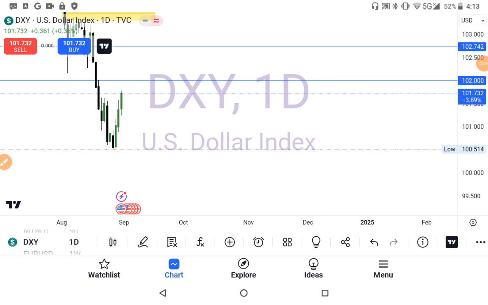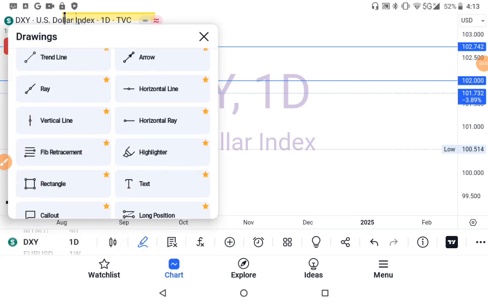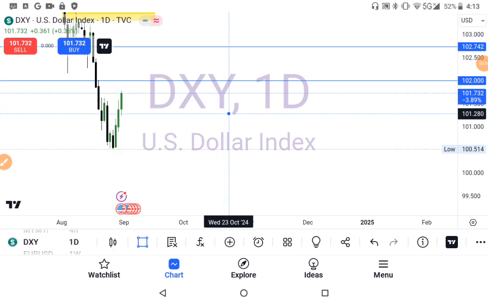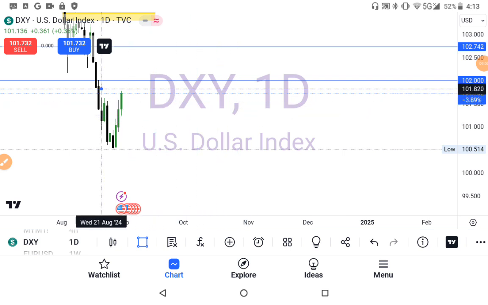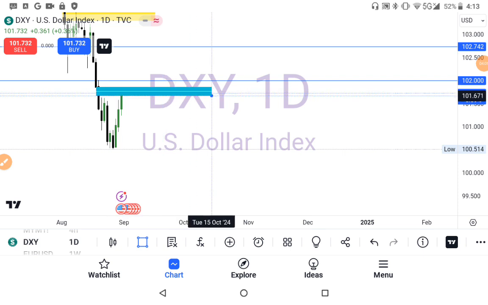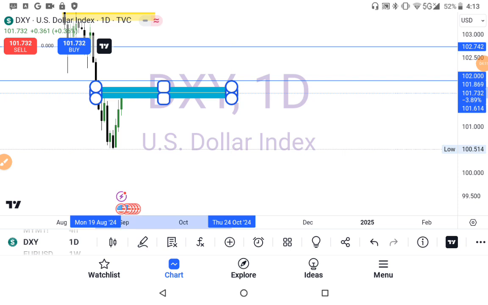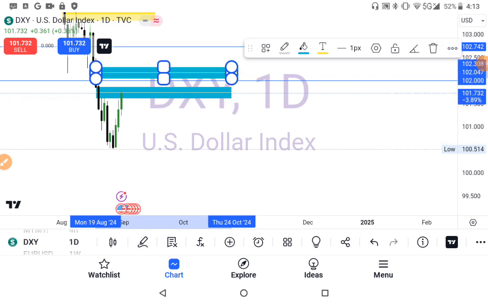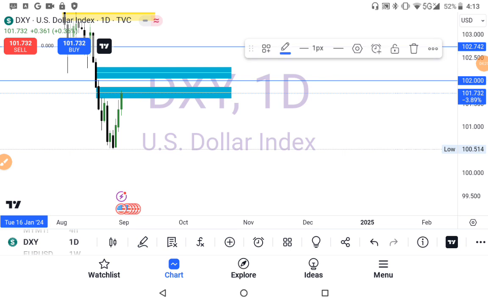I'll be expecting the coming week for dollar index to take us at least into this inefficiency around this area. We have a CB here, we have a little CB here, and you have a CB here that has been traded into. There's another CB around this area.